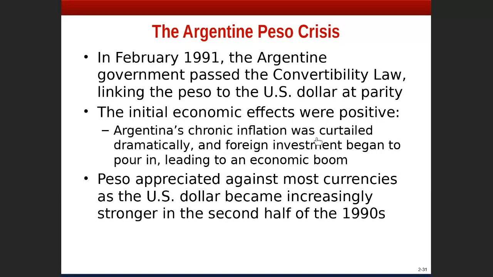Argentina's chronic inflation was curtailed dramatically, and foreign investment began to pour in, leading to a significant economic boom.